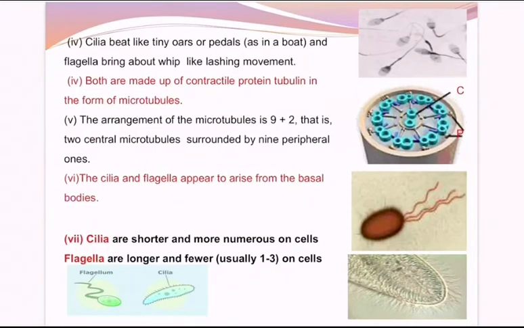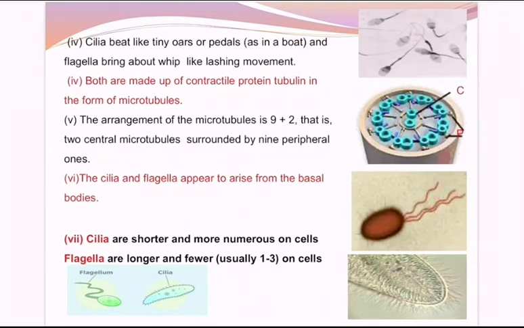You can see the arrangement here. Cilia beat like tiny oars or paddles in a boat, and flagella bring about a whip-like lashing movement. Both are made up of the contractile protein tubulin, remember this, and form microtubules.